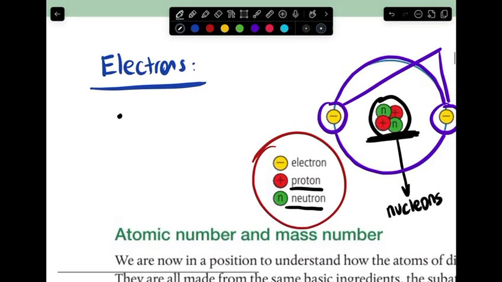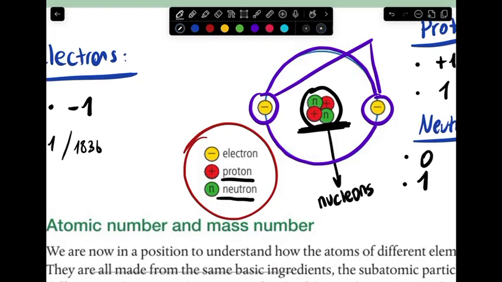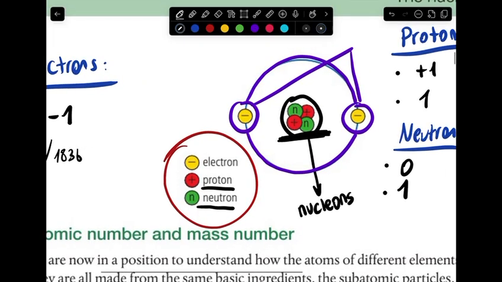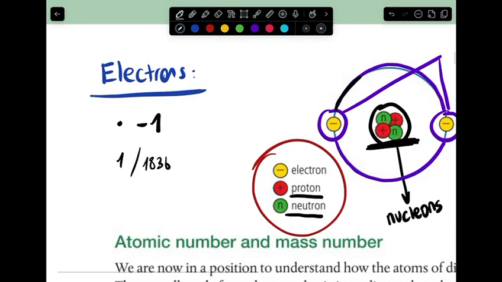They have a charge of -1. Their relative mass is approximately 1 divided by 1836, and they're located outside of the nucleus in an orbit, as you can see right here, and they are responsible for chemical bonding and reactivity.